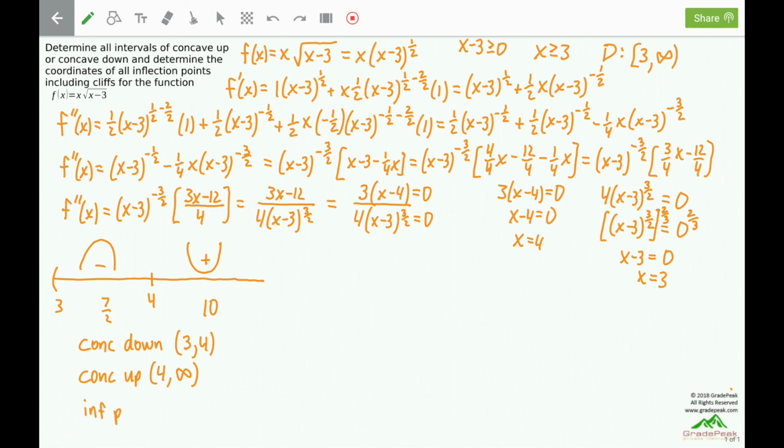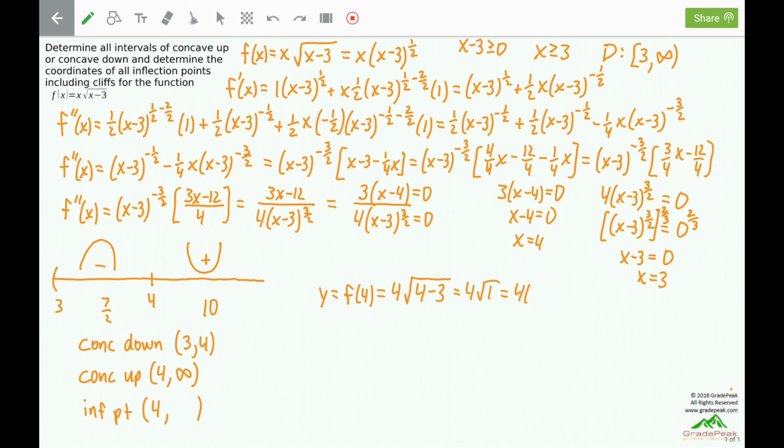So we have an inflection point with the x-coordinate of x equals 4 and a corresponding y-coordinate that can be found by plugging the 4 back into the original function. So y equals f of 4, which is 4 times the square root of 4 minus 3, which is 4 times the square root of 1.